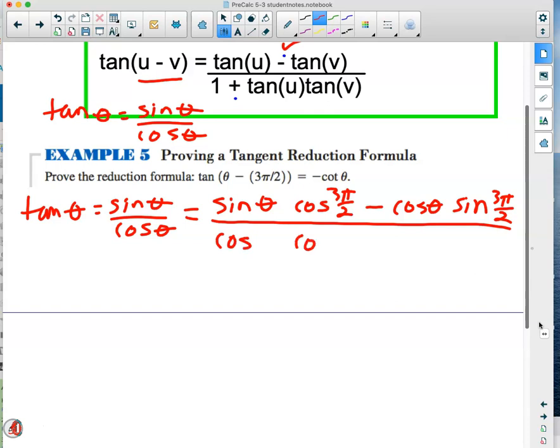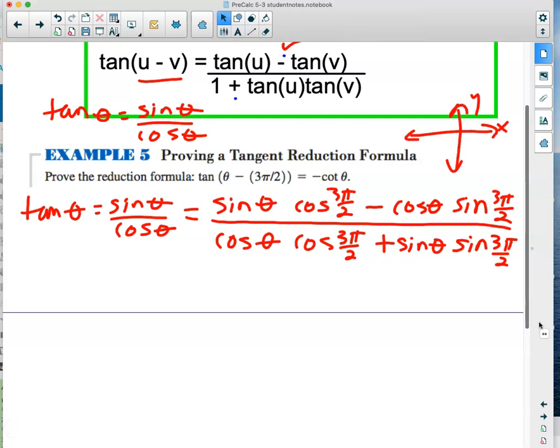So cosine, cosine, sine, sine, but we have to change from a negative to addition. So subtraction becomes addition with cosine. Theta, 3 pi over 2, theta, 3 pi over 2. And hopefully, when you saw the 3 pi over 2 right away, you were thinking about that quadrantal angle right there. So let's see what we get.